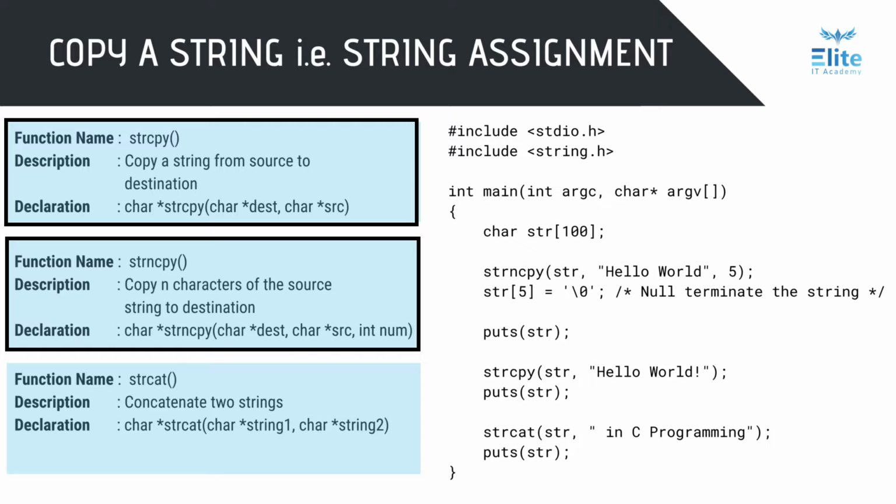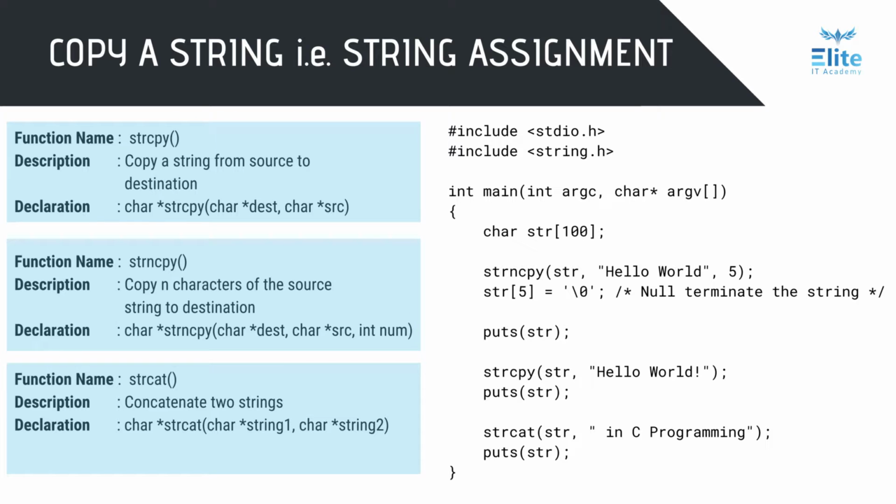The strcpy and strncpy functions copy a string to the destination string. It is similar to the assignment operator. The string copy function takes two arguments. The first argument is the destination string. The second argument is the source string. The function copies all the characters up to and including the null terminator to the destination string.